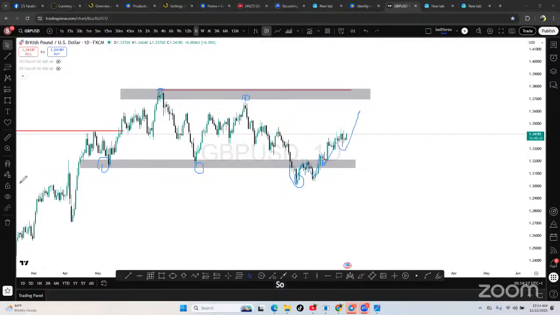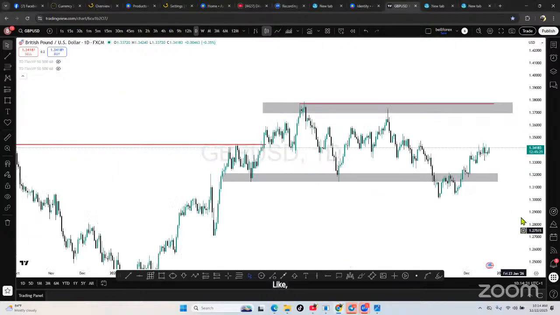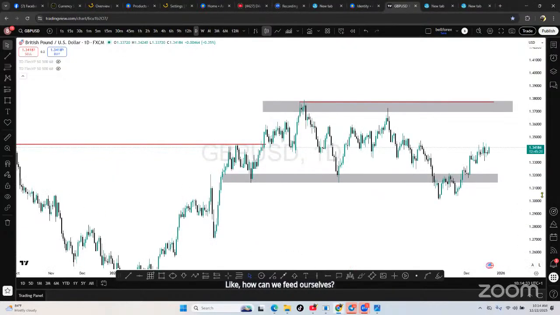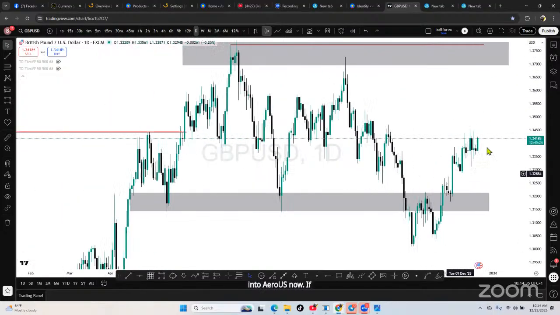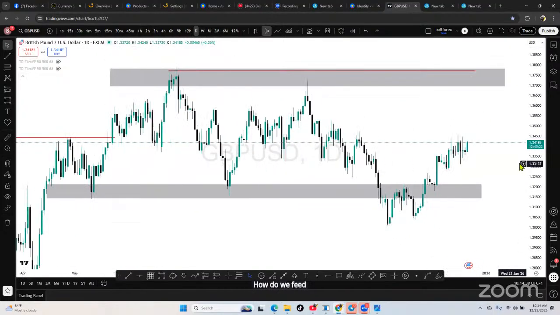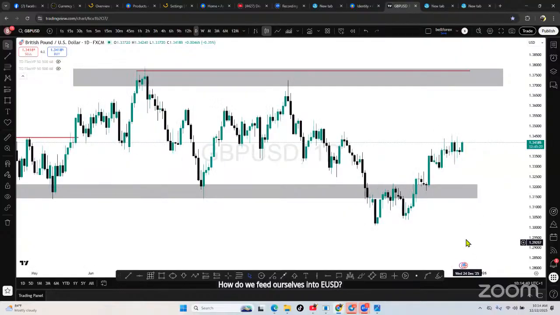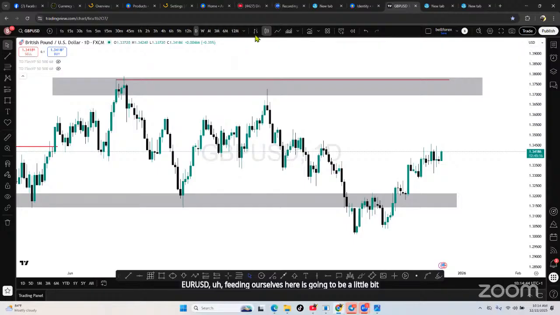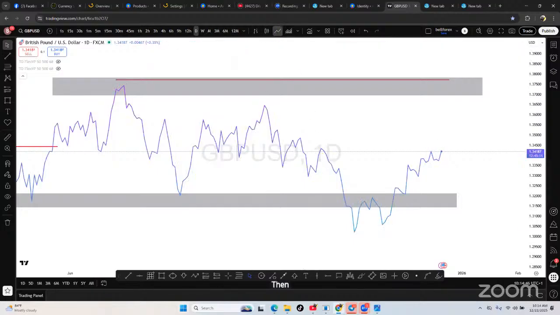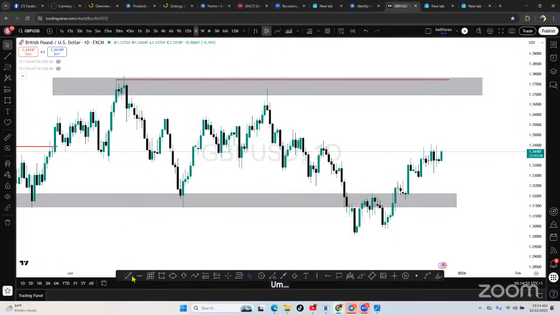So our objective now is feeding ourselves into this market. If you want to take a buy, how can we feed ourselves in? Feeding ourselves here is going to be a little bit technical. Then I also see that we might have to use a line chart. I'm seeing something here very tactical.